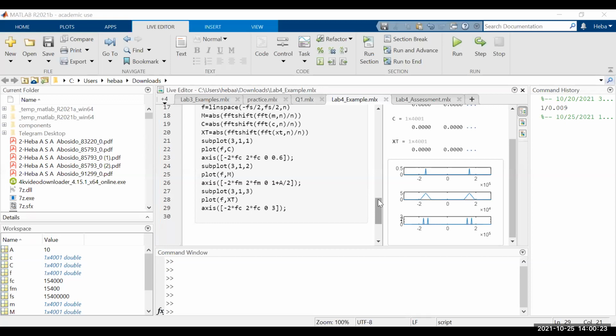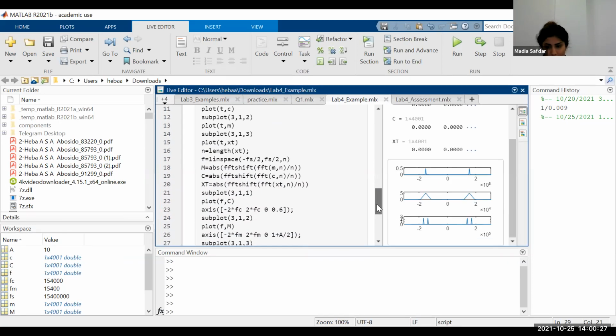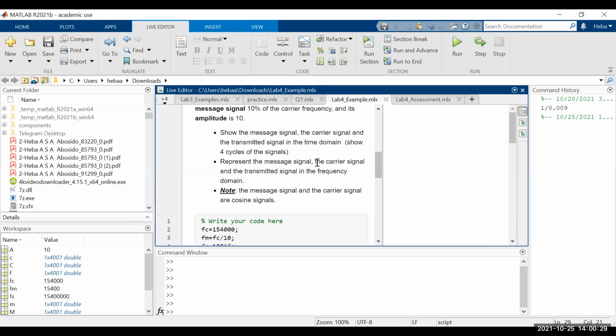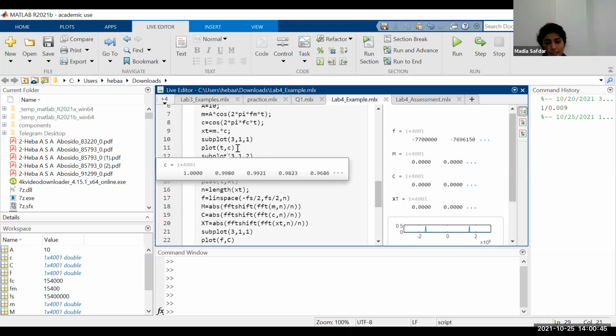Here I solve it. I have a question here. The plot. First, they want the message signal, right? Where is it here in this one? So what is the message signal? First of all, plot C. C is carrier. S is for message, C for carrier.